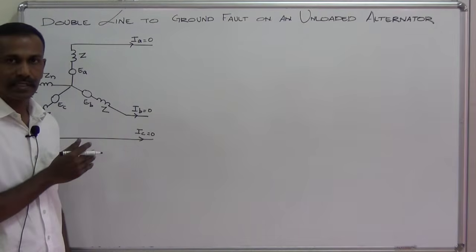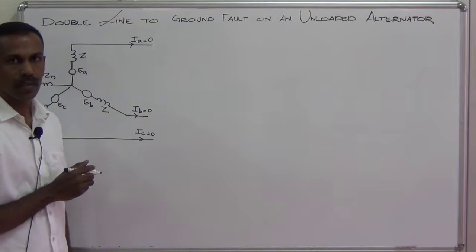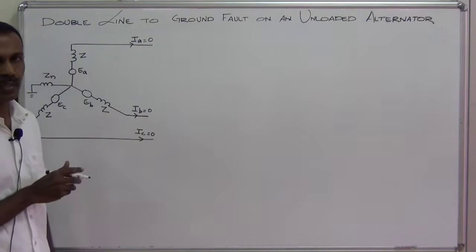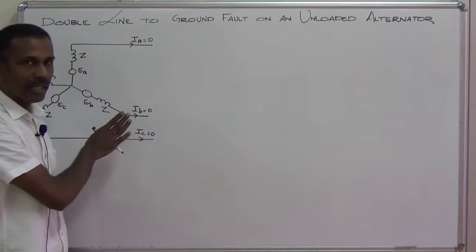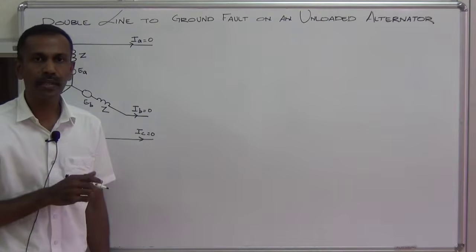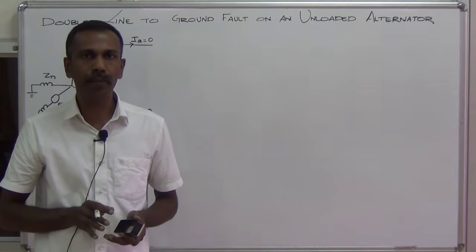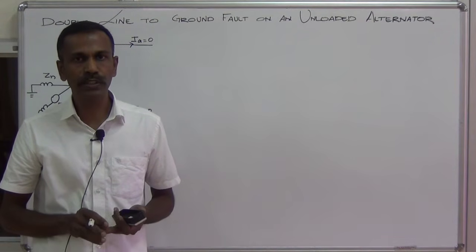Now this is a balanced system because in all the three lines the current is equal, the voltages are also equal in magnitude and are separated by 120 degrees. So this is a balanced power system. If you look at the sequence networks, you will get only positive sequence network for a balanced system. There is no negative sequence, there is no zero sequence network.